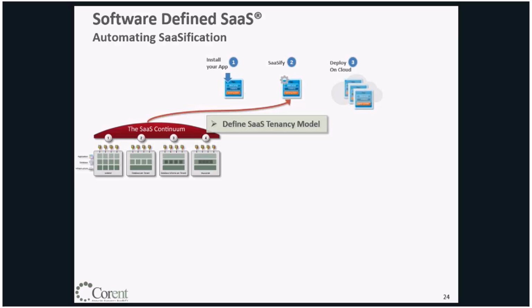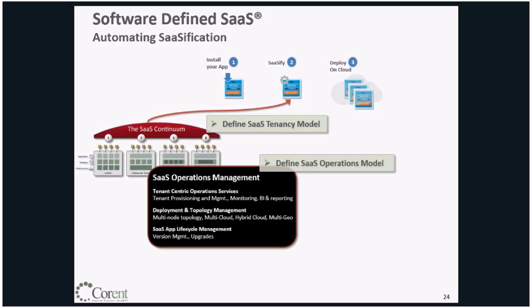Once this information is assessed by SurPaaS, it will start adding in the entire operations model, which is how you start managing the tenants, that is tenant provisioning, all the way to how you set up the monitoring and the reporting that is required, any deployment decisions you need to make, and how you manage the SaaS application lifecycle. All this is set up as part of the operations engine that is connected with the application.